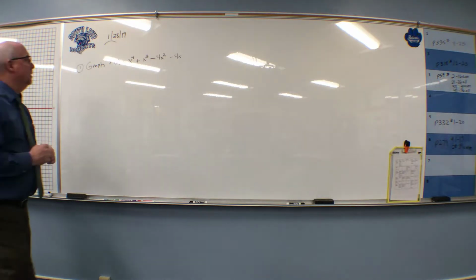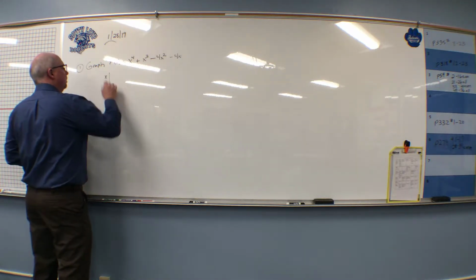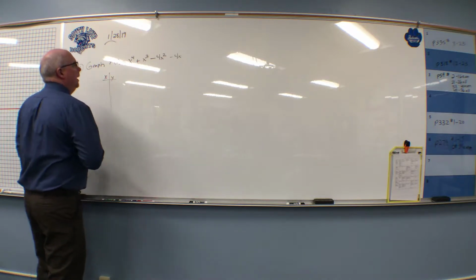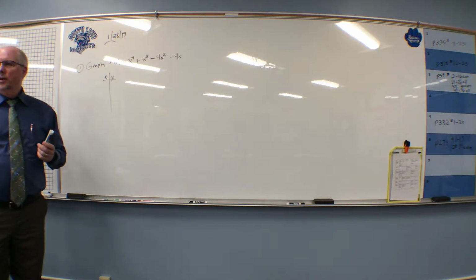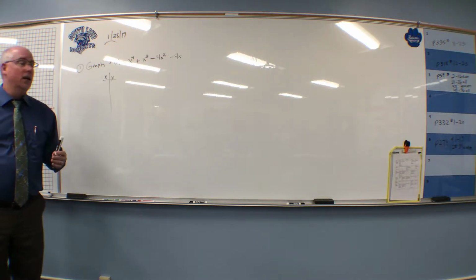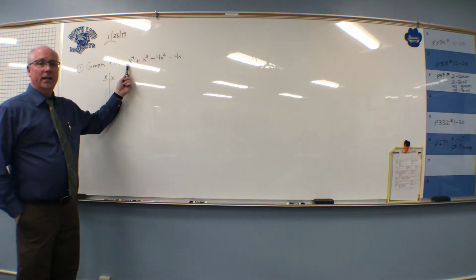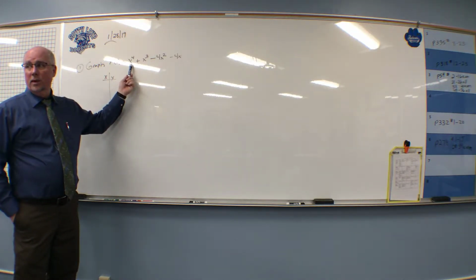All right, so let's take a look here. We're going to do an x, y table. You need to be very accurate on these. You will find a place where they go to infinity, and you'll start to see that. So we're just going to go around the room, and I'm going to assign you a number to plug in for x. Now, when we plug a negative number into the 4th power, remember it turns positive, right?